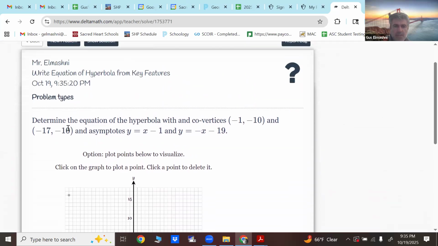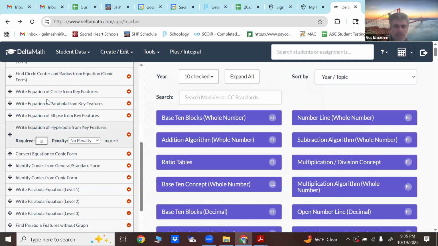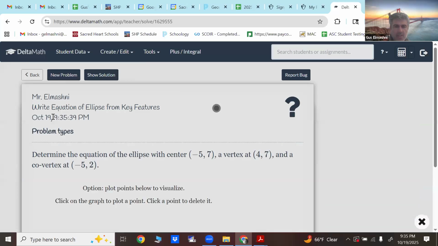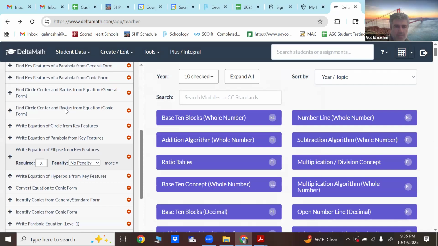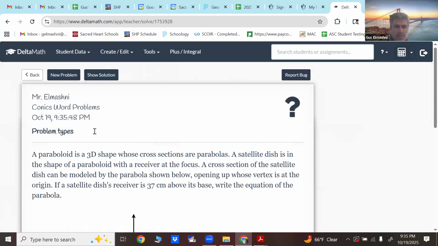Yeah, it could be good, just the kind of practice writing equations when you're given information. These are a little easier than what you'll see. That's gonna be pretty straightforward. That's a little too easy.